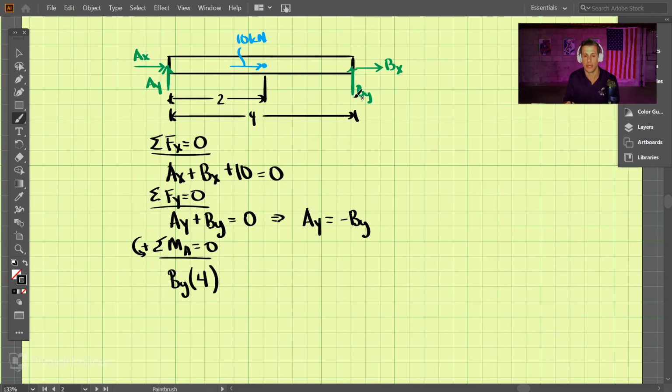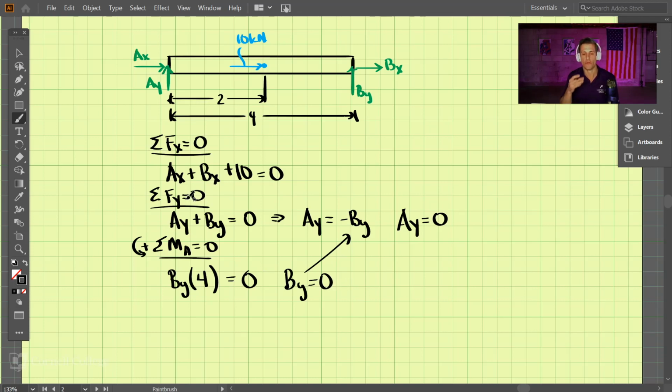Do we have anything more that creates a moment? No, we do not. So we have BY times 4 equals 0. So BY equals 0, and if we plug this into this equation, AY is also equal to 0.